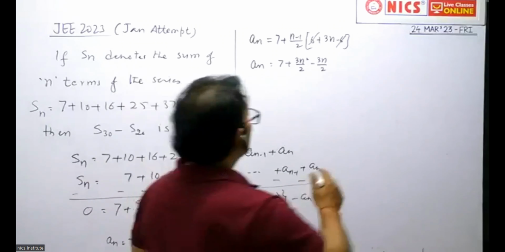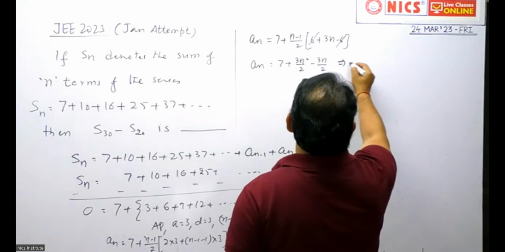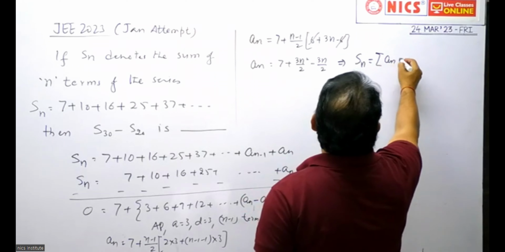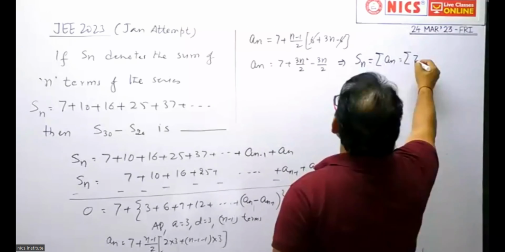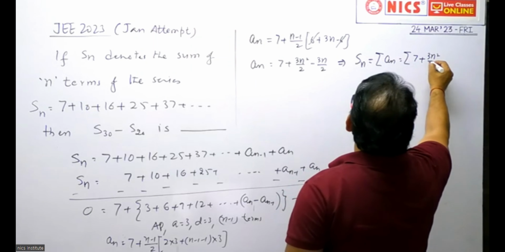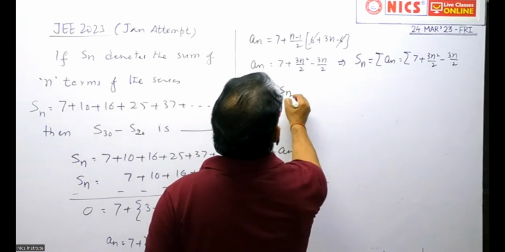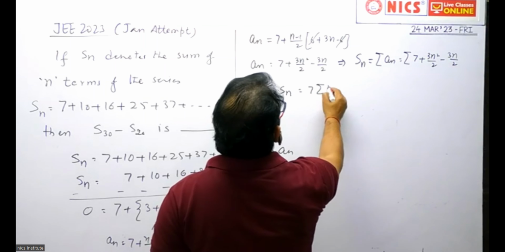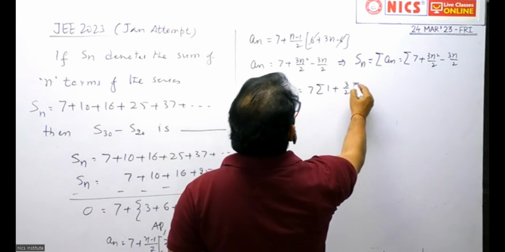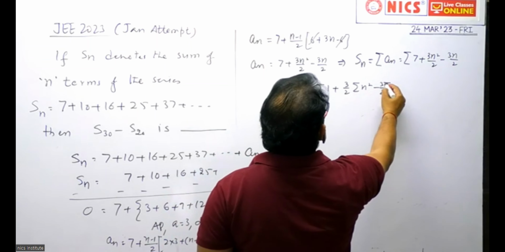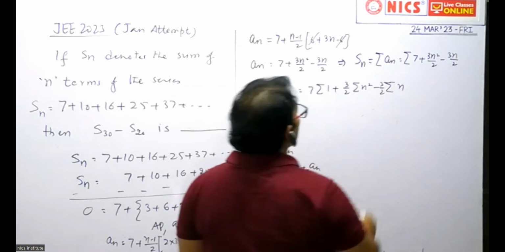Now what you do is you find the formula for Sn. Sn would be summation of 7 plus Tn square by 2 minus Tn by 2. That is 7 into summation 1, plus 3 by 2 into summation n square, minus 3 by 2 into summation n.